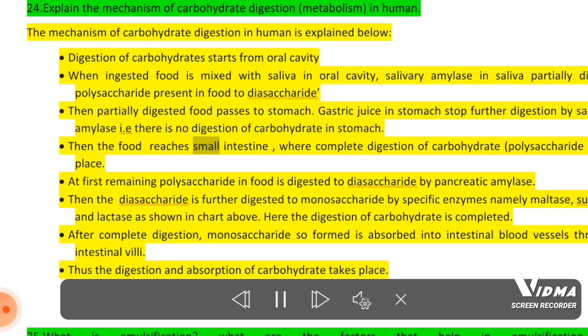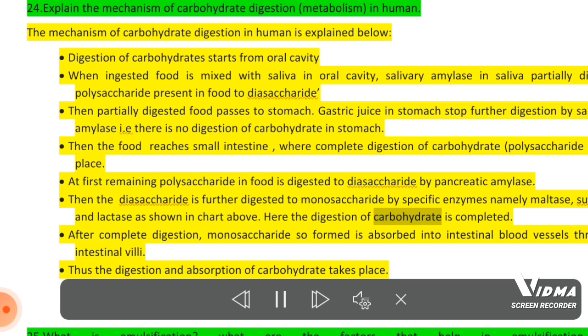Then the food reaches the small intestine, where complete digestion of carbohydrate takes place. At first, remaining polysaccharide in food is digested to disaccharide by pancreatic amylase. Then the disaccharide is further digested to monosaccharide by specific enzymes, namely maltase, sucrase and lactase, as shown in the chart above.